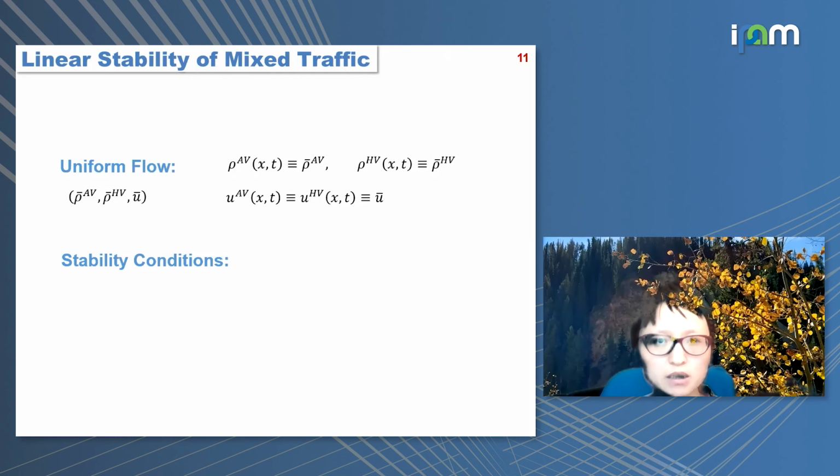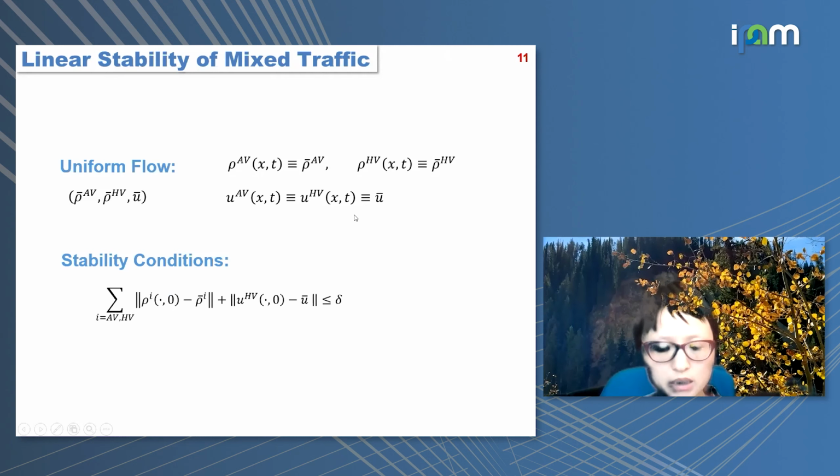The stability of the mixed traffic in this mean field context is defined from a microscopic traffic flow perspective, so it's not from the car following perspective. The definition is, first we define uniform flow, and we have an equilibrium density for AV and HV, and we assume that at the uniform flow, AV and HV share the same speed.